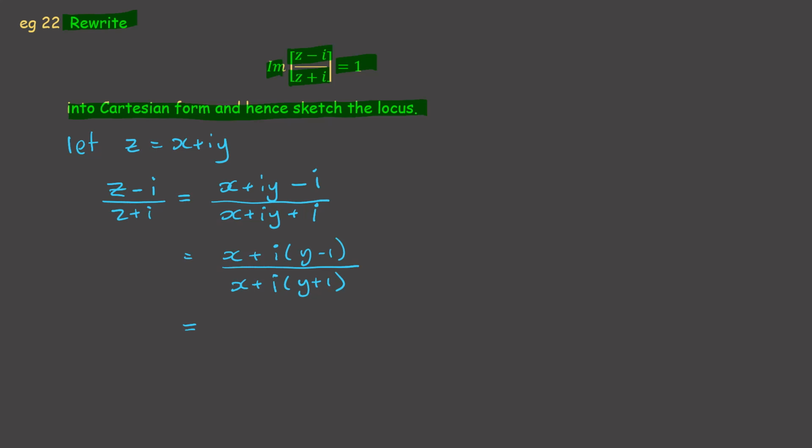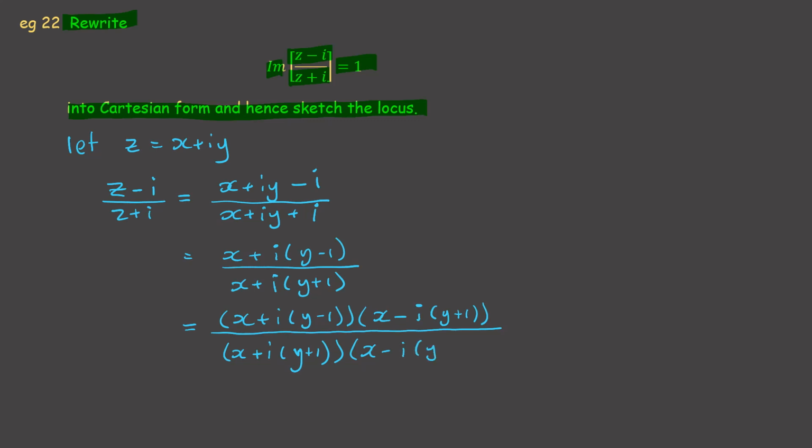And we're dividing there, so what we want to do is multiply top and bottom by the conjugate of the bottom. So I've got x plus i(y minus 1) multiplied by x minus i(y plus 1), all over x plus i(y plus 1) times x minus i(y plus 1).